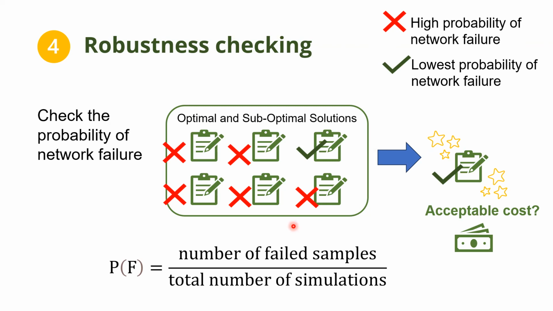And we do this by getting the percentage of number of failed solutions divided by the total number of simulations specific to a resource. To get the overall probability of failure, we consider the failures in all of the resources. And the last step is recommending the most robust solution with the lowest probability of failure but acceptable cost.